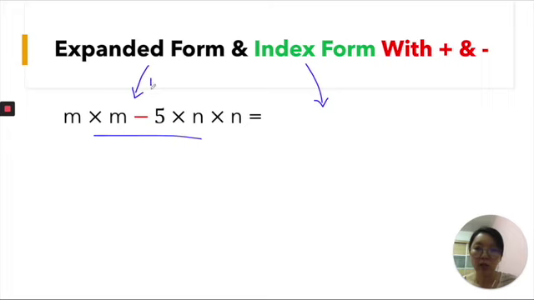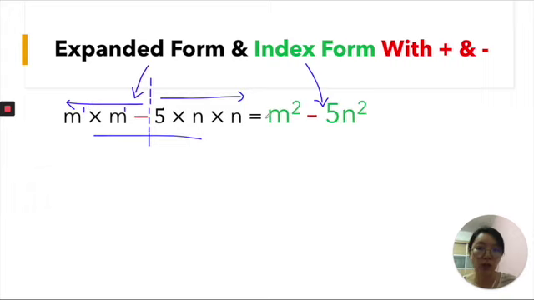First, find your plus and minus, draw a dotted line. Then look at the left and look at the right. The left, I have m repeating 1, 2. So I have m squared. Minus, I copy down, and 5. n squared, repeating for 1 time, 2 times. This is what we call the simple one. Shorter one, and we call it index form.